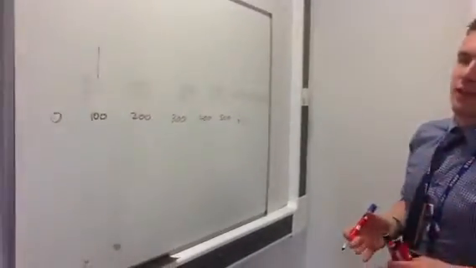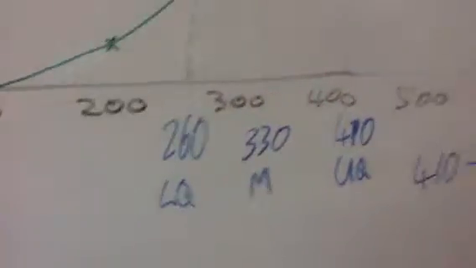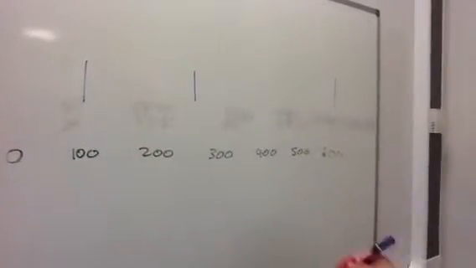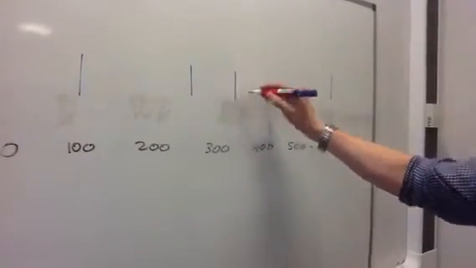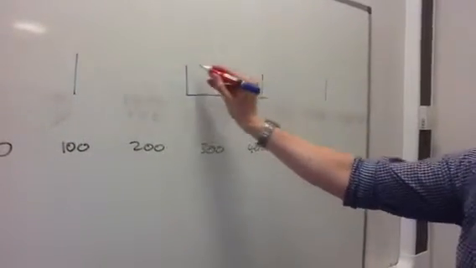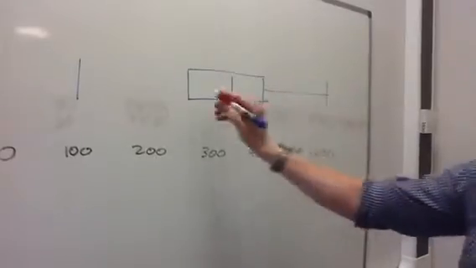And then we use the 3 values that we got, so 260 was the lower quartile, 330 and 410. They're the other 3 lines that you plot. So again, I'm just rough here, 260, 330 and 410. The 3 in the middle make the box, and then your whiskers go out there.